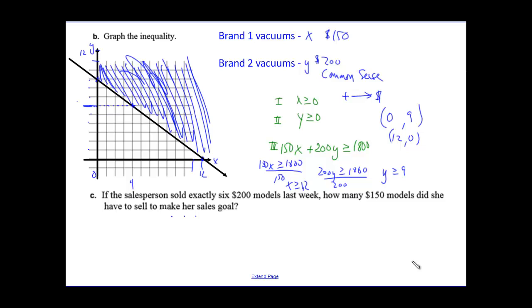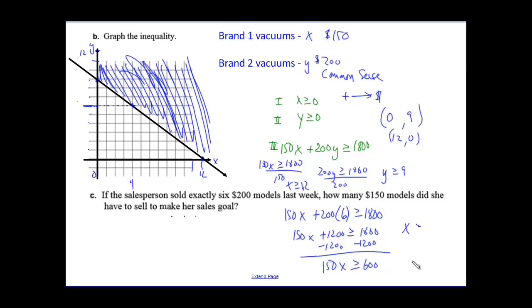If we use our equation, 150x is what we want to find. 200 times 6 is greater than or equal to 1800. We have 150x plus 1200 greater than or equal to 1800. 150x greater than or equal to 600. x has to be greater than or equal to 4 $150 models.